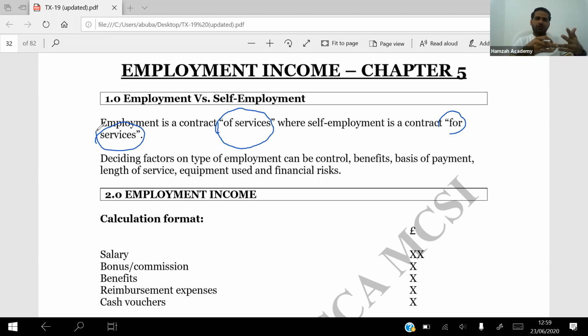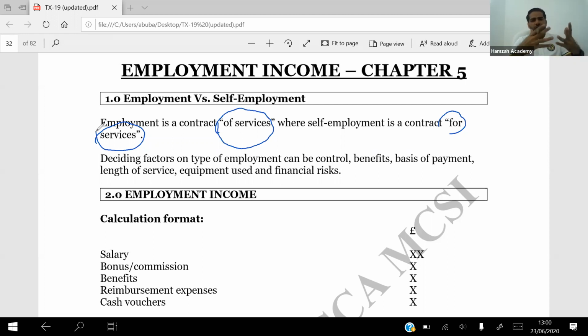Before we go further, let me tell you the factors which will help us to identify whether the individual for whom we are going to calculate the tax is actually employed or a self-employed person. There are some 7 to 8 factors, but not necessarily will all of them be given in the exam.